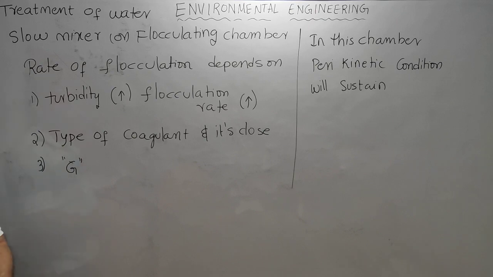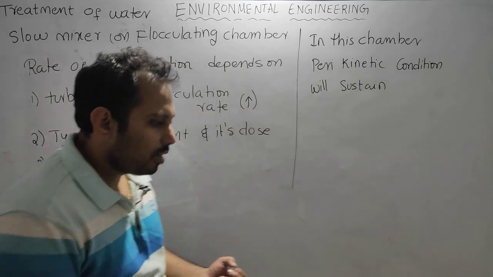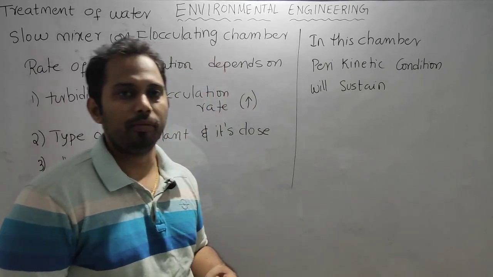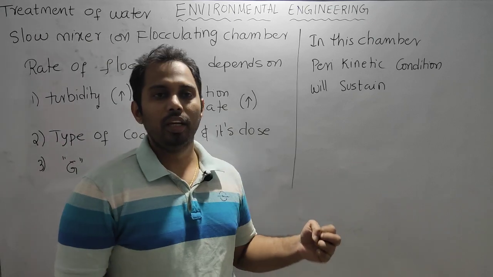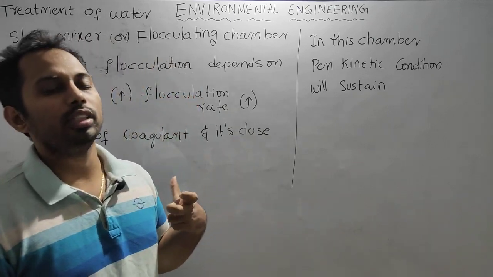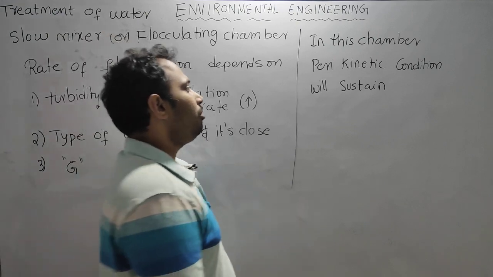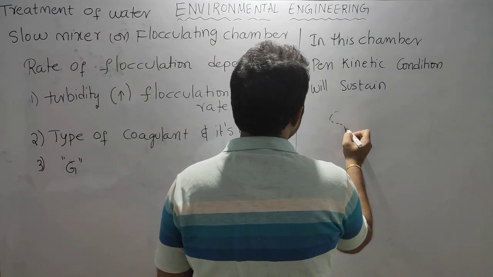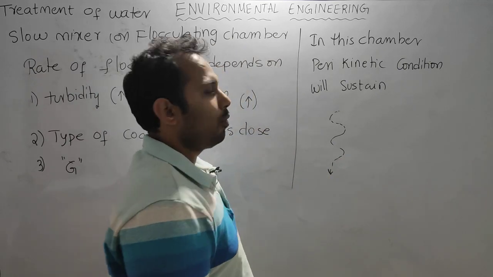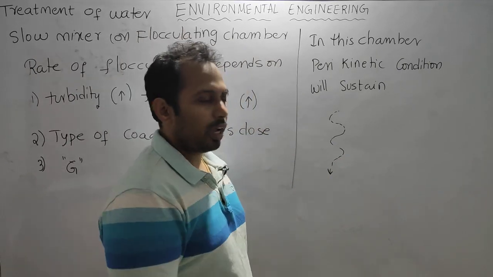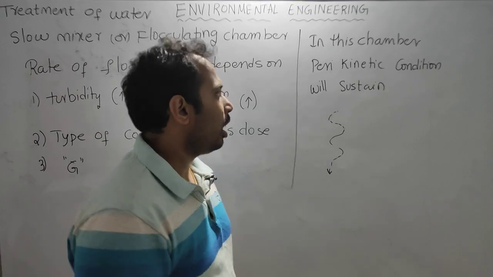Slow mixing itself says we are doing the mixing slowly. So here there won't be rapid collisions; there will be collisions because of the Brownian movement of the particles. We have already discussed what is meant by Brownian movement in soil mechanics during the discussion of Stokes' law.